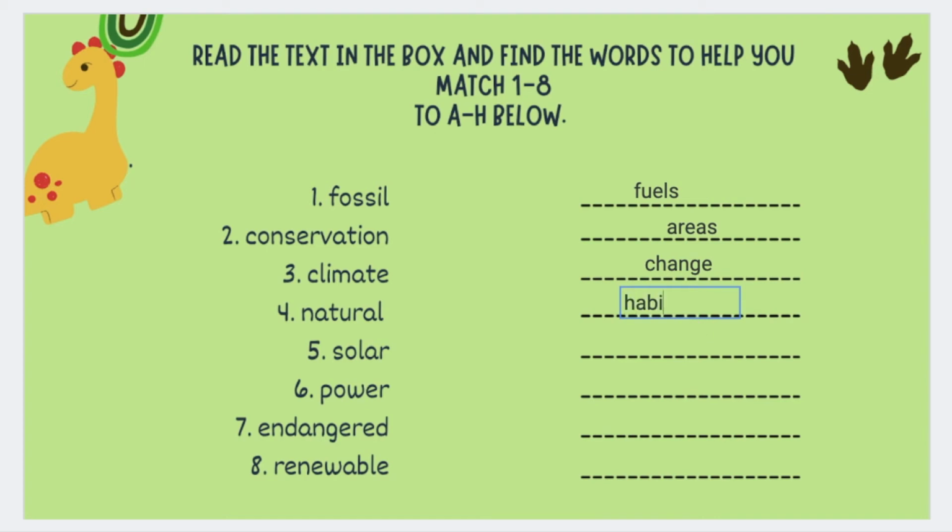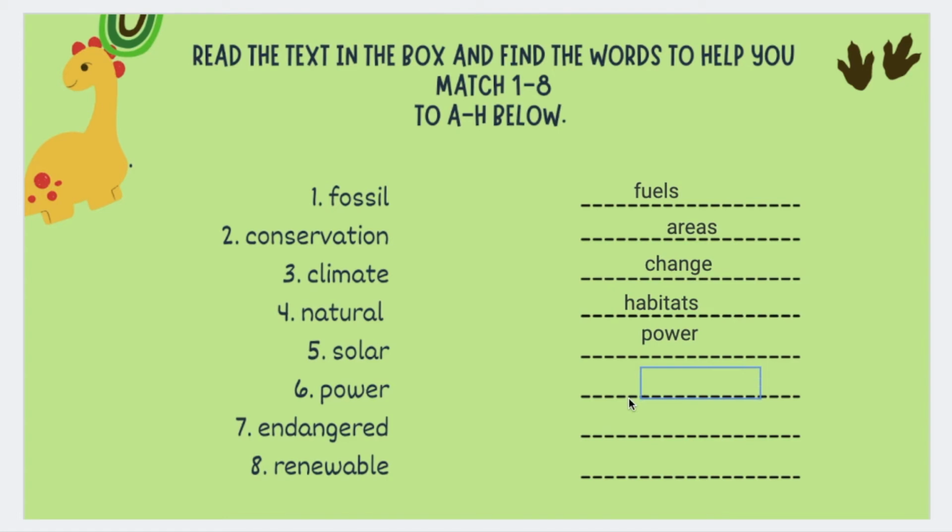Natural habitats. And then for the fifth word, we have solar. Okay, we have solar. It belongs to the first paragraph, which is solar power. Okay, third line. And then we have power. This now is solar power.